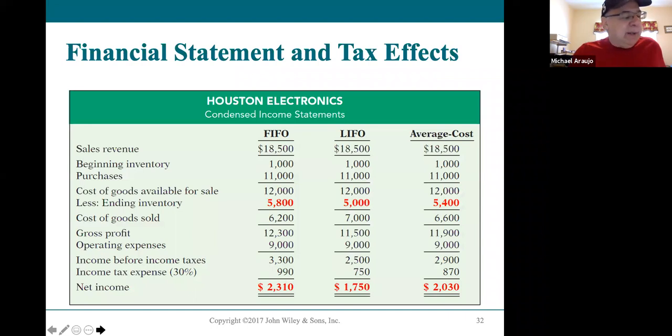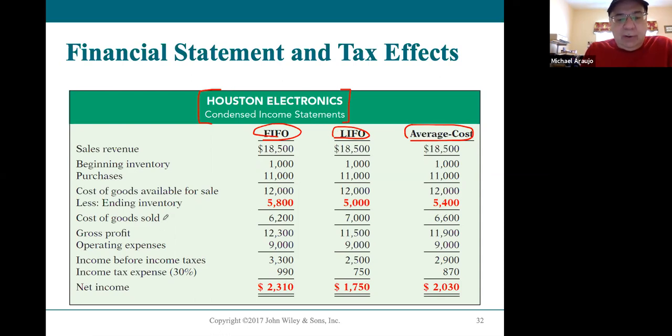So this is the interesting part that businesses have to decide. Remember, they have a choice. Every business has a choice of which method they want to use, okay? And so when you look at our friends at Houston Electronics, and you look at the effects of using FIFO, LIFO, and average cost on their income statement, you'll see something very interesting, okay?